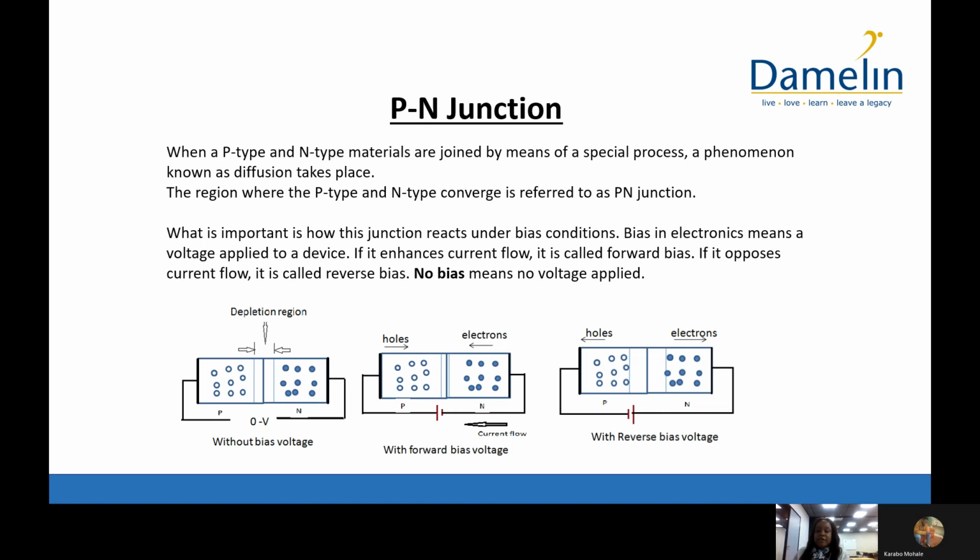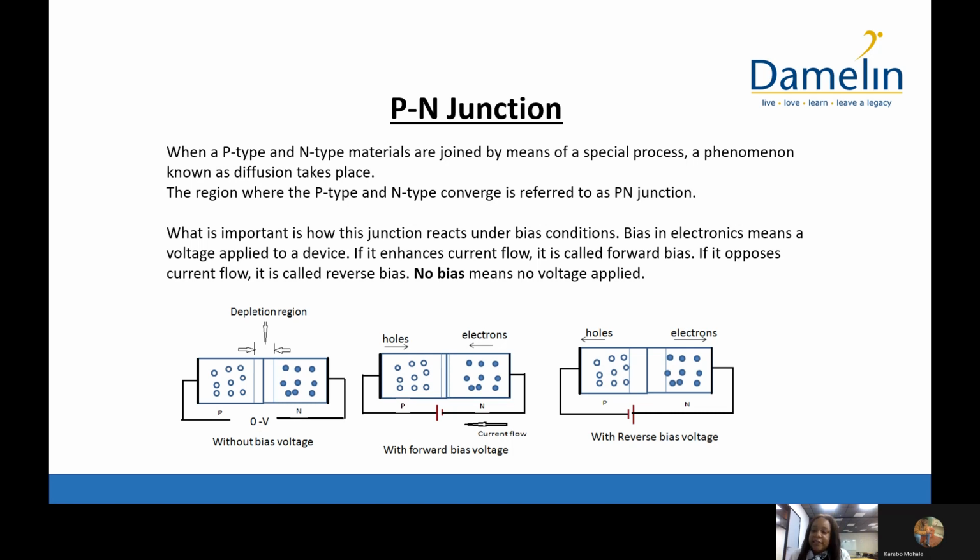Okay, we have a thing that we like to do to the p-n material, and that is biasing. When we bias a component, we are making it more like a switch. We are deciding whether we want it to work as an open switch or a closed switch.